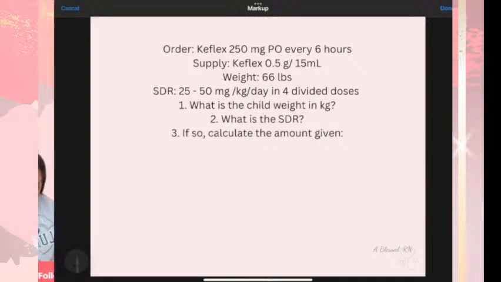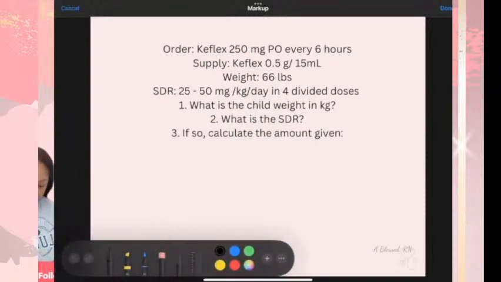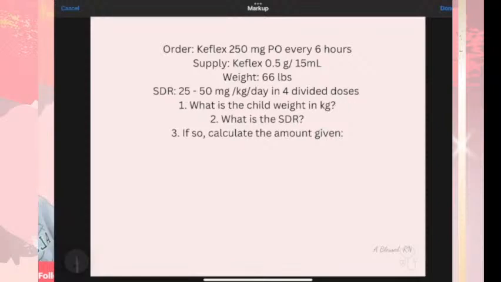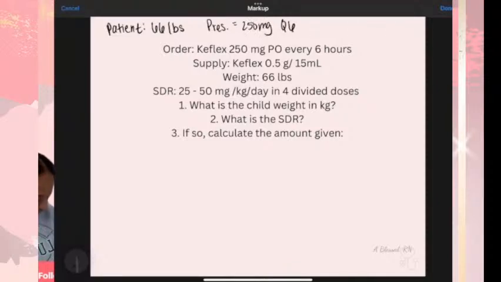All right. So, patient is 66 pounds. And the order is for 250 milligrams Q6, and the product is 0.5 grams per 15 mLs.